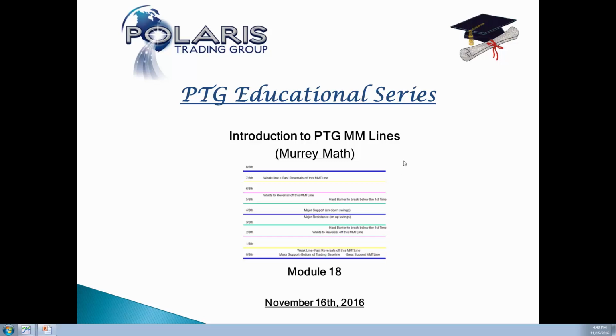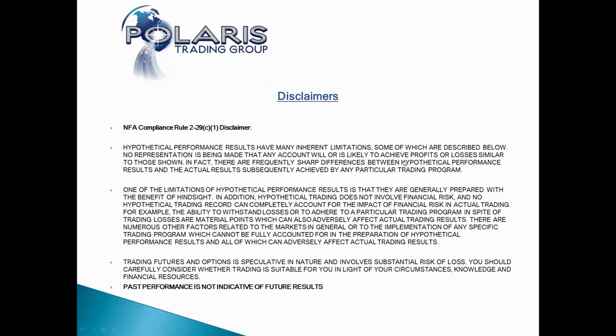Before we do that, of course, we have to go through the industry disclaimers. The NFA compliance rule 2-29 simply means that hypothetical performance results have inherent limitations. Trading futures and derivatives on futures involves substantial risk of loss.